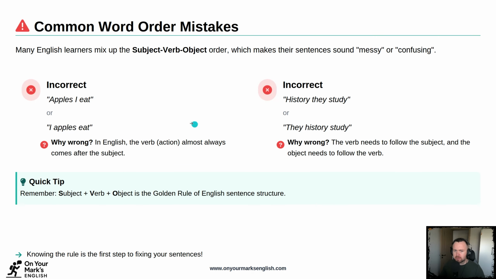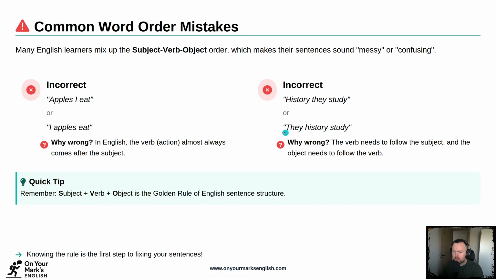Okay, sometimes many English learners mix up the subject, verb, object order, which makes their sentences sound messy or confusing. Here are some examples. "Apples I eat" or "I apples eat." Why is this wrong? Because in English, the verb or the action almost always comes after the subject. Another example.